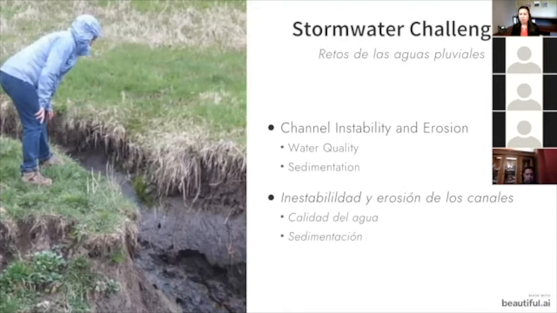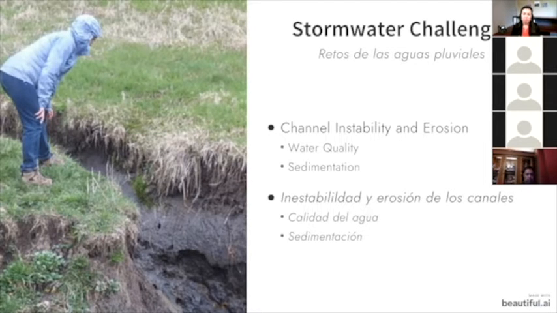And as you get increases in stormwater, what happens when stormwater runs across vegetation is that it sinks into the ground, and the pollutants that were in that stormwater are now being trapped in that vegetation and that soil layer. So the water that goes all the way through to the groundwater is cleaner. Well, when you have channel instability and erosion, what happens is as water is moving at a fast pace across the landscape, it creates these channels.